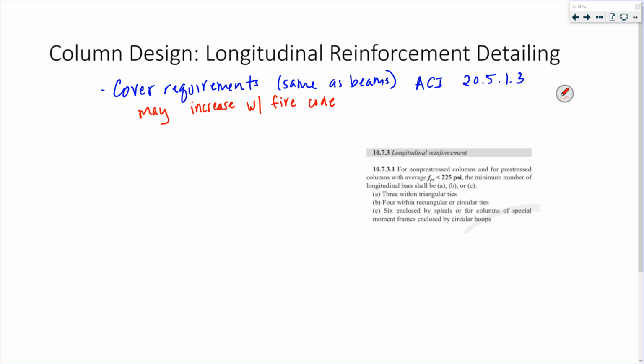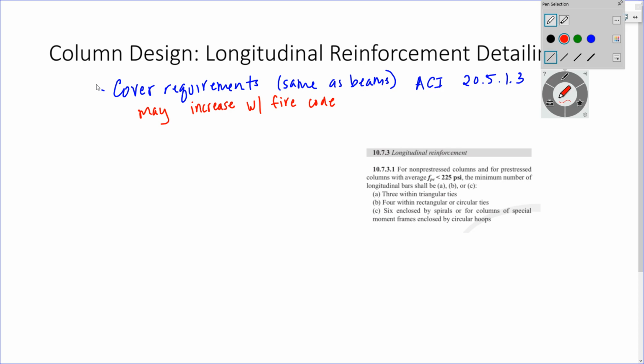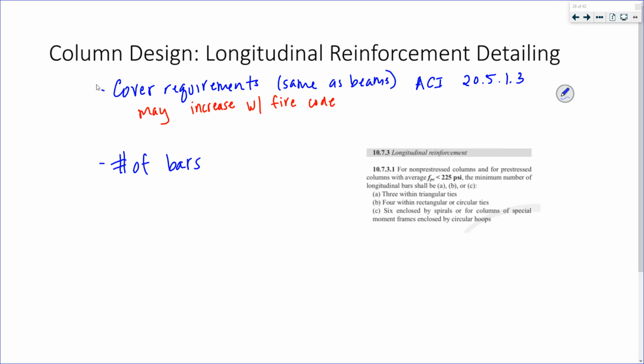For your number of bars, this is 10.7.3.1. For non-pre-stressed columns, the minimum number of longitudinal bars shall be 3 within triangular ties, makes sense, 1 in each corner, 4 within rectangular or circular ties, 6 if they're enclosed by spirals, or for columns of special moment frames enclosed by circular hoops.